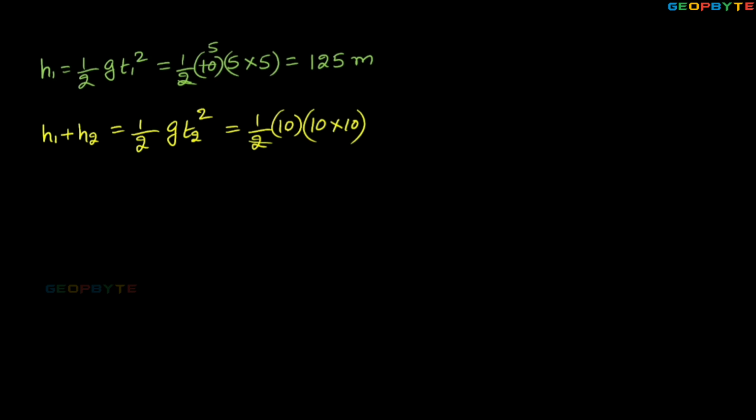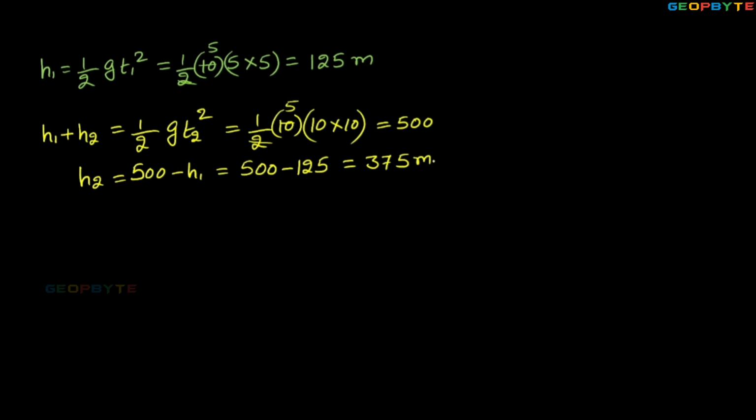Now 5 times 10, 50. 50 into 10, 500 meters. From this, h2 equal to 500 minus h1, which is 500 minus 125, equal to 375 meters.